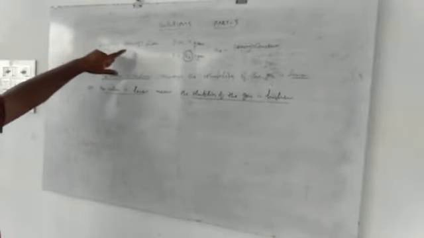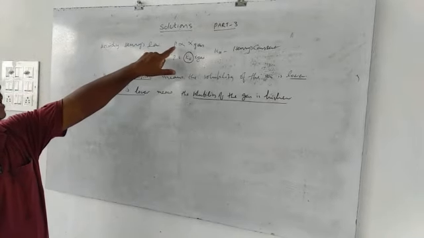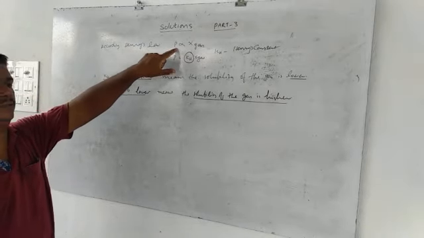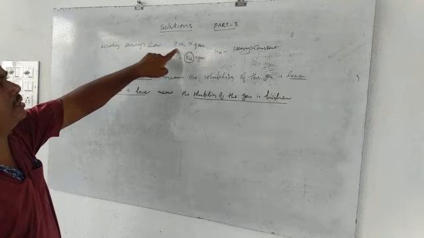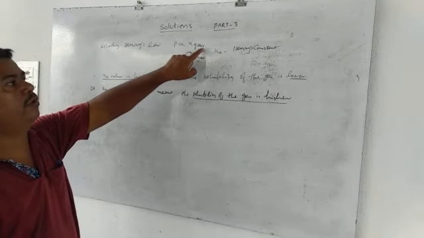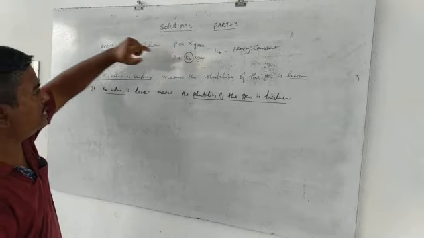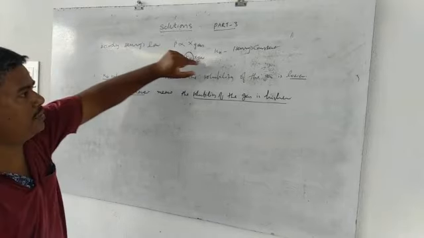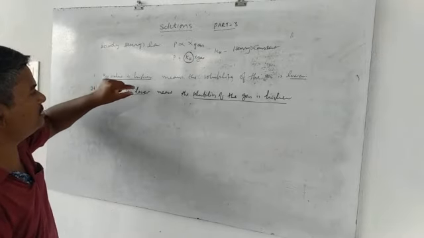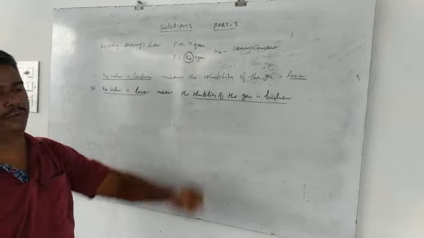According to Henry's law, the partial pressure of the gas in a solution is directly proportional to the mole fraction of the gas, and depends upon the KH value. The KH value is more, means the solubility is less, whereas the KH value is less, means the solubility is more. Clear?